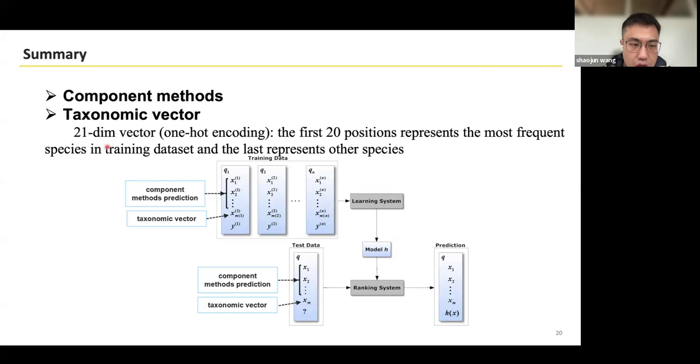Specifically, there is a 21-dimensional one-hot encoding vector, where the first 20 positions represent the 20 most frequent species in the training data, and the remaining one represents the other species. Eventually, the feature vector of each protein consists of the prediction scores of the component methods and this taxonomic vector.